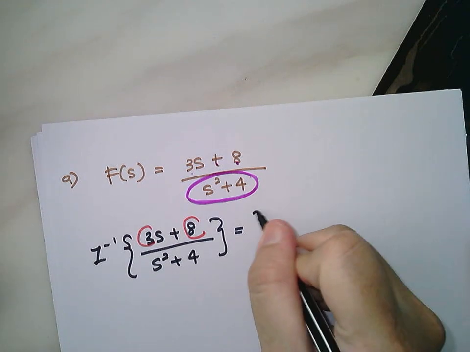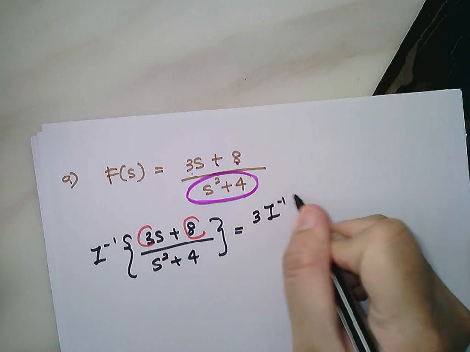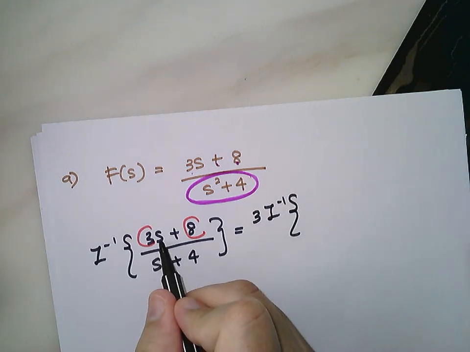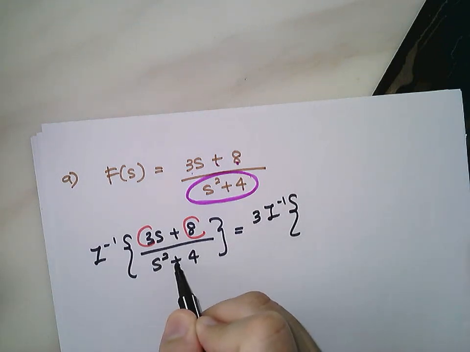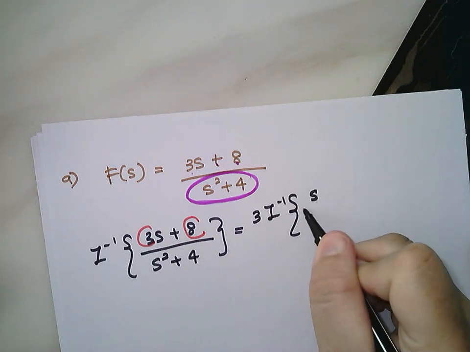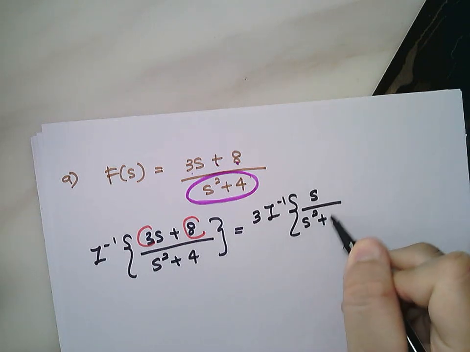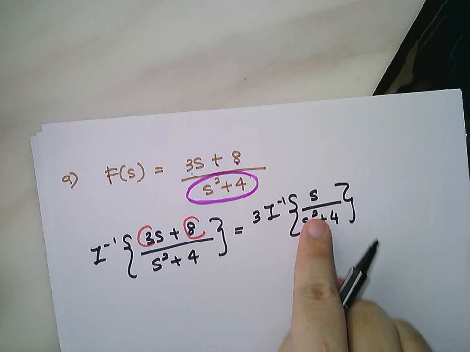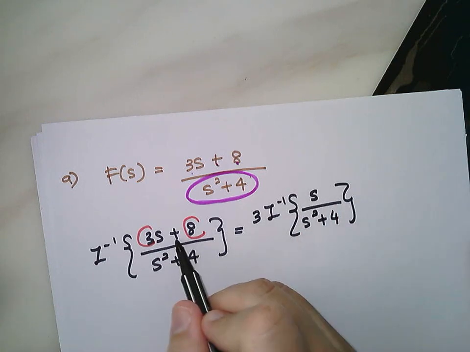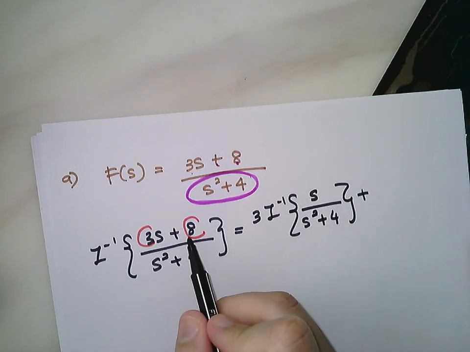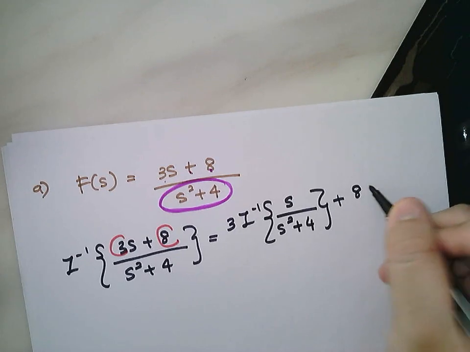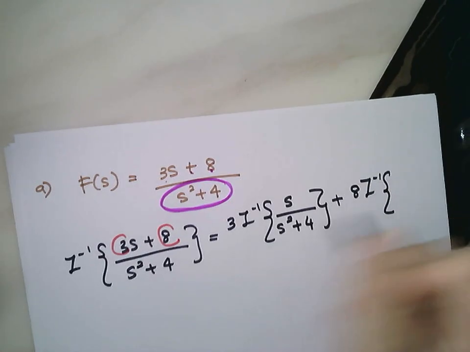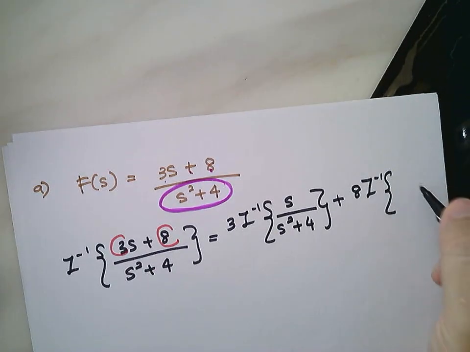You will have 3 times the inverse Laplace of, what is the first function? s over s squared plus 4. So this is your first function. The second one, plus, what is your constant here? 8. So if you factorize 8, you remain with the inverse of 1 over s squared plus 4.